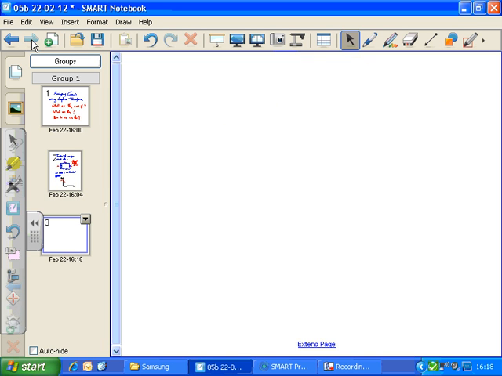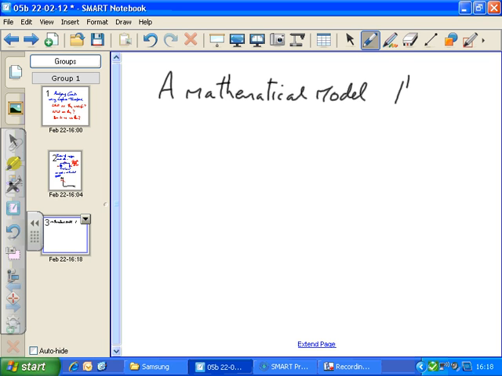So a mathematical model that involves change, and what branch of mathematics pops into your mind as soon as you see the word change?